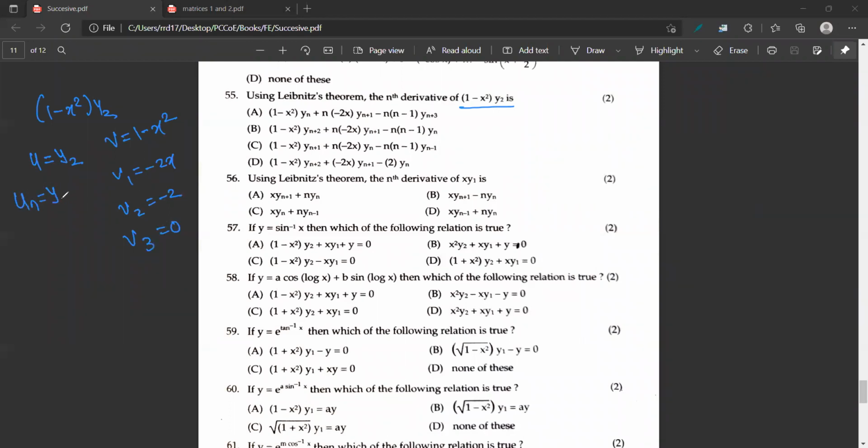Now what will u_n be? n plus 2. Right? What will u_(n-1) be? n plus 1. And u_(n-2)? Just y_n. Are you getting my point?